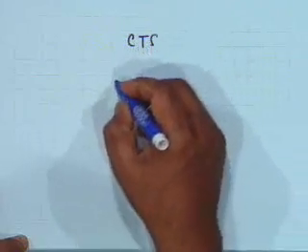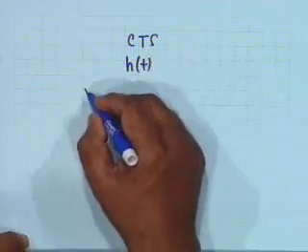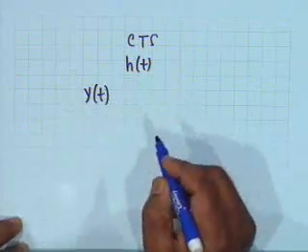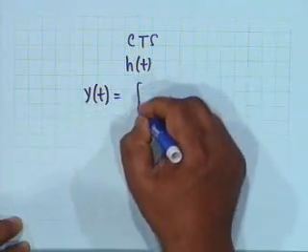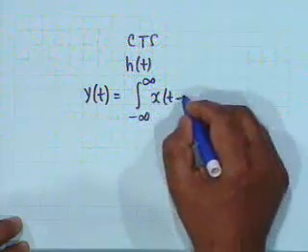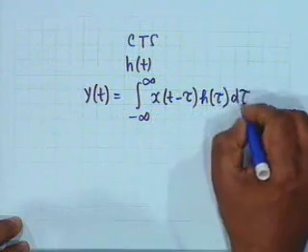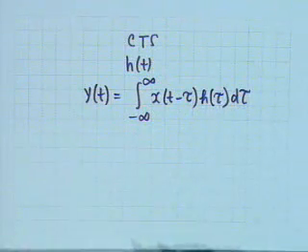Now if I take a continuous time system, the role of h of n shall now be played by h of t, and my relation is the convolution of h of t with x of t, given by the integral from minus infinity to plus infinity of x of t minus tau times h of tau d tau.